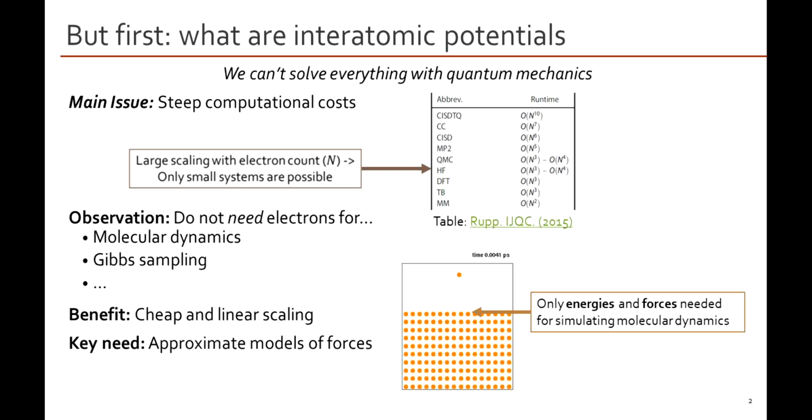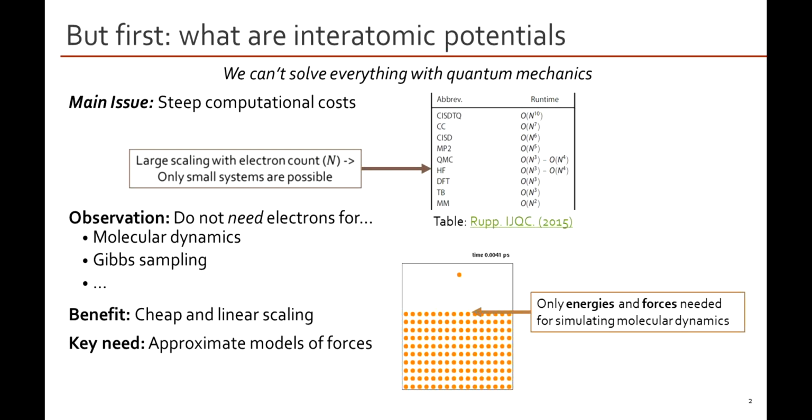And not only are some methods like density functional theory very slow to even compute the properties of small systems, they have a scaling behavior, where here I'm showing the rate at which the computation cost increases with the number of atoms in a system, that is quite dramatic.